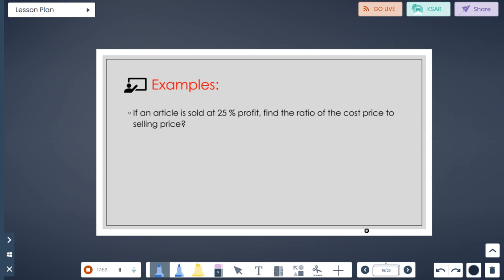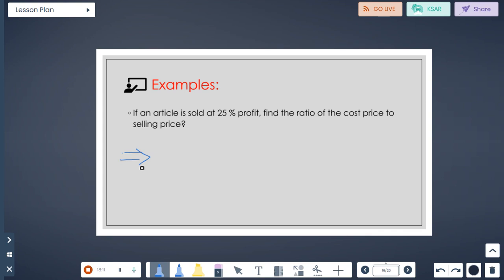If an article is sold at 25% profit, find the ratio of the cost price to the selling price. Very simple question.